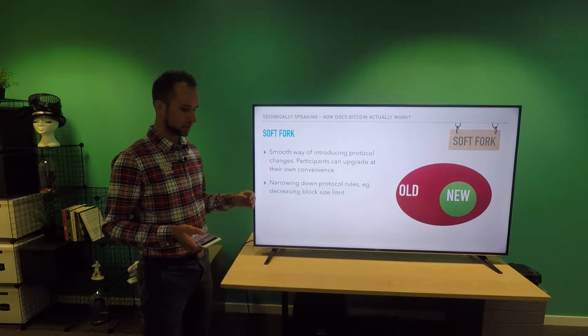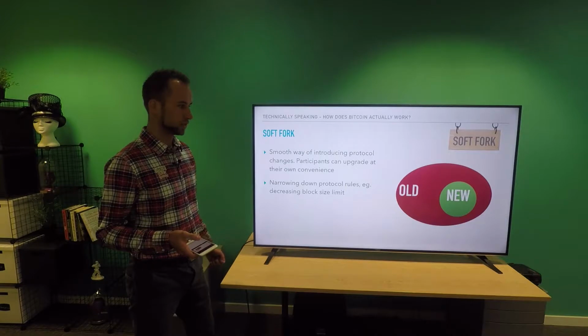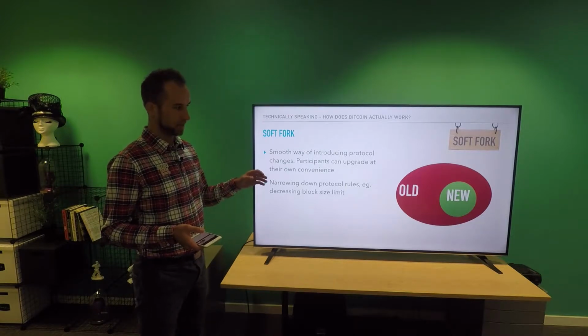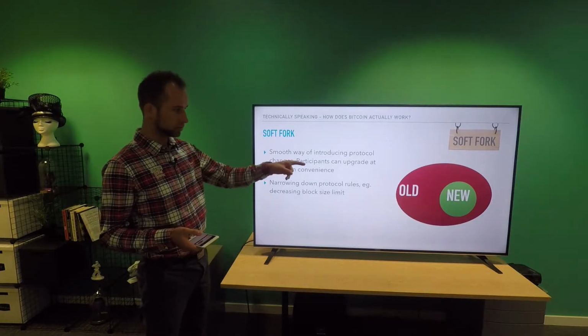So things like decreasing the block size from 1 megabyte to half a megabyte, that would be a soft fork change. And in such case, the blocks valid by the new rules are a subset of blocks valid by the old rules.